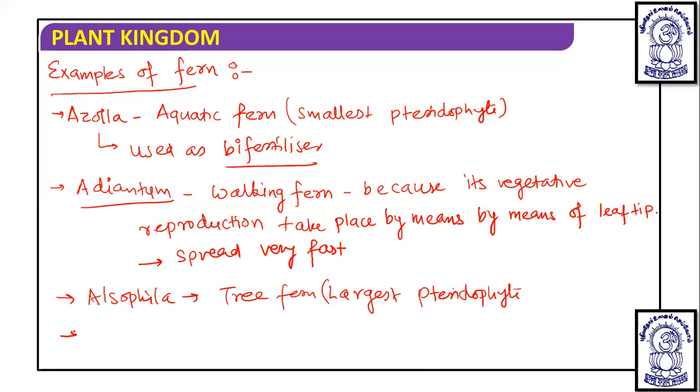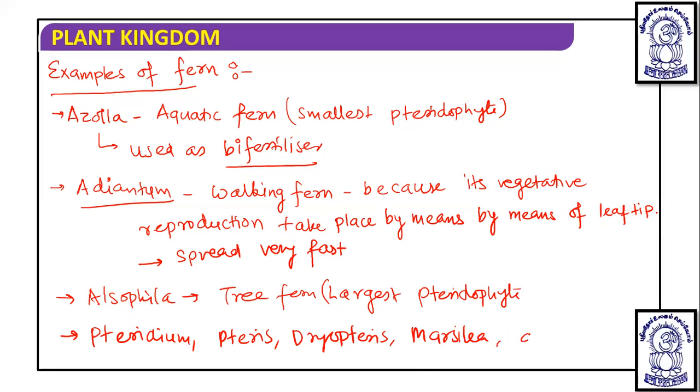Apart from this, some more examples included here are Pteridium, Dryopteris, Marsilea, then Salvinia.